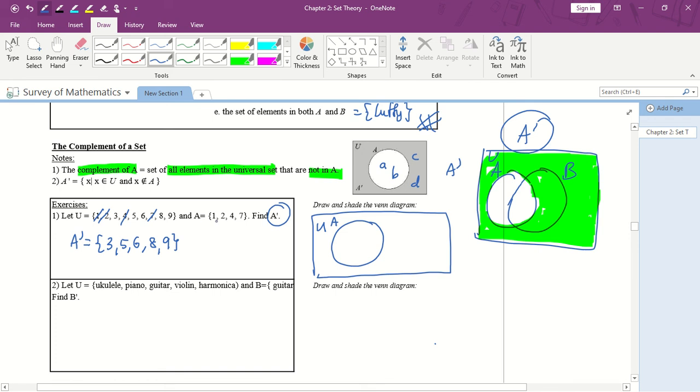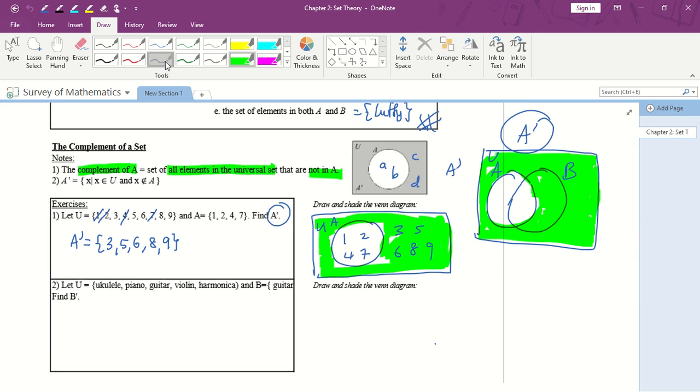A is 1, 2, 4, 7, so we write 1, 2, 4, 7 here. And we put the rest outside: 3, 5, 6, 8, 9, because they are not in A. The question requires you to shade it, so you just shade outside of A. So it's kind of easy, right?